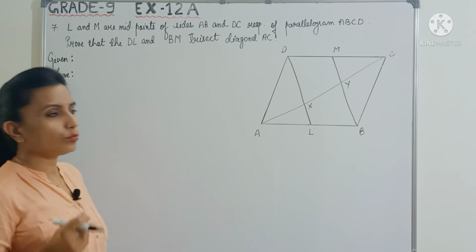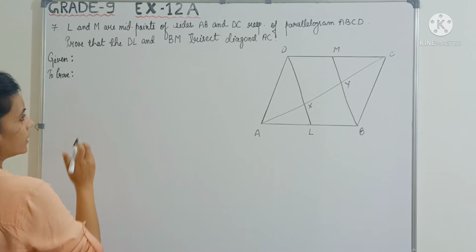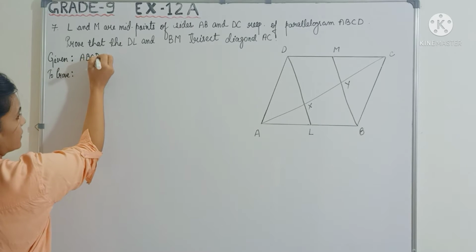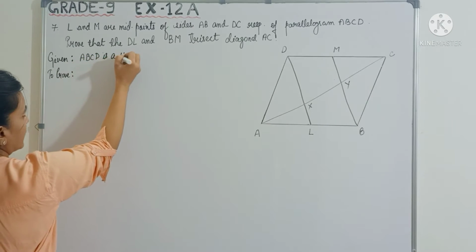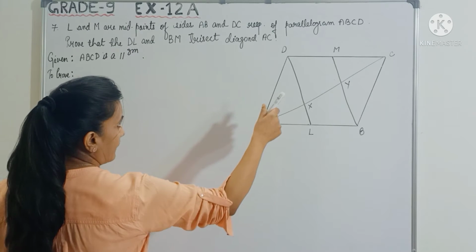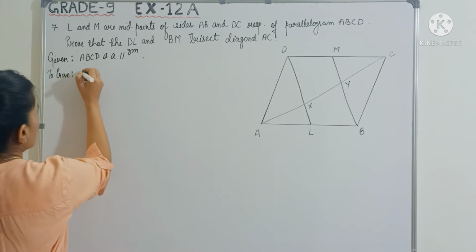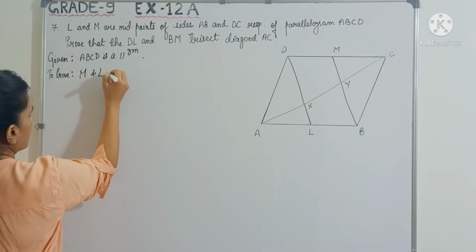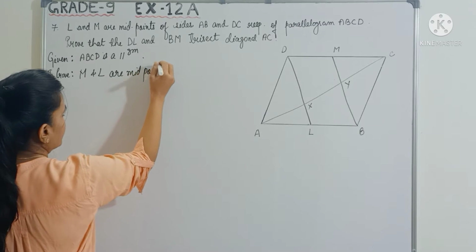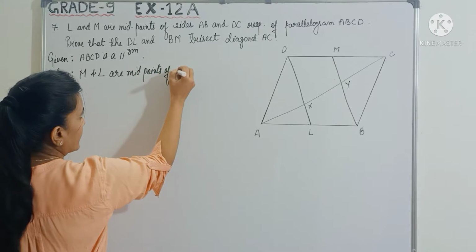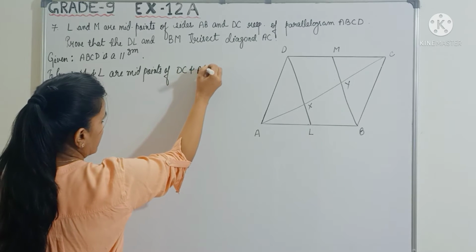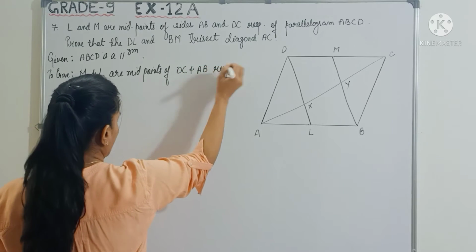First, let's write down what is given and what you have to prove. Given is ABCD is a parallelogram, right? And M and L are midpoints of DC and AB respectively.